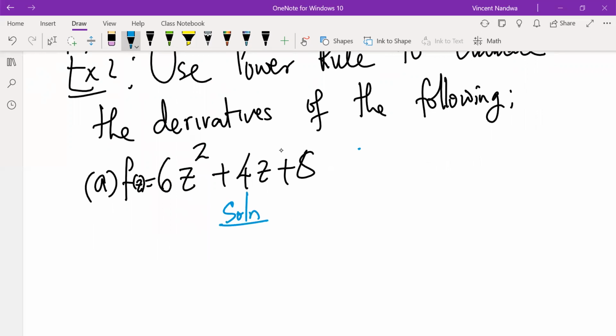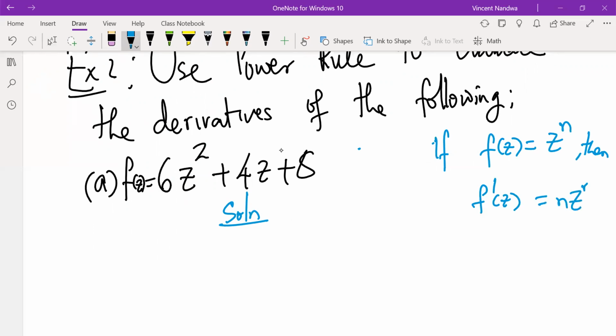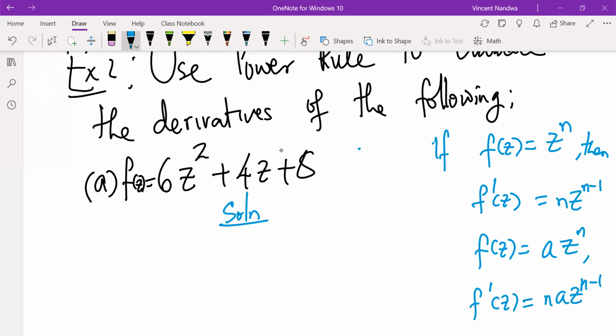So remember, power rule states that if f of z is given by z power n, then f prime of z is n z raised to power n minus 1. Similarly, if f of z is a z power n, then f prime of z is given by n a z power n minus 1, in the same way we deal with real valued functions.